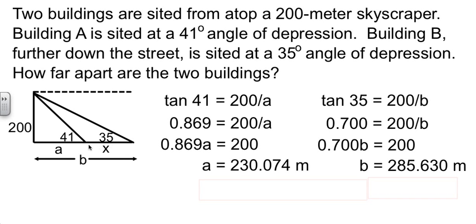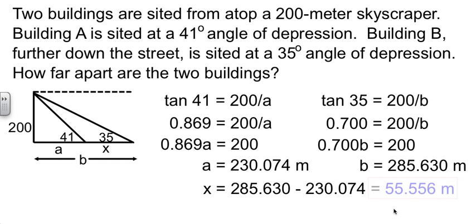Well, does it make sense to you that X would be the difference between the distance away A and the distance away B? So a little subtraction, and we find out that the buildings are a little over 55 and a half meters apart.